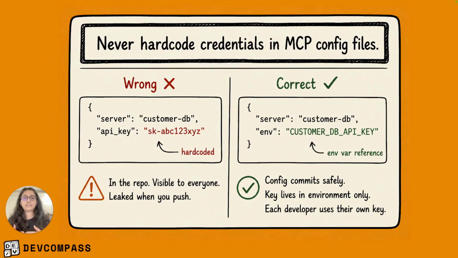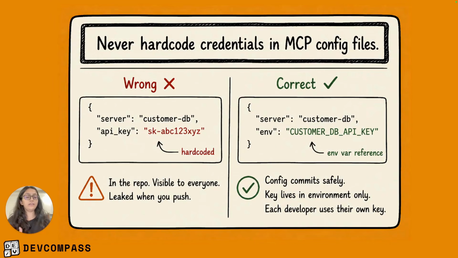The annotation says it plainly: in the repo, visible to everyone, leaked when you push, and we have seen so many such API keys being leaked on the internet. Now, version B is the right way, the correct way. The config file doesn't contain the key. It contains the name of an environment variable, let's say CUSTOMER_DB_API_KEY. The key itself lives in each developer's local environment.